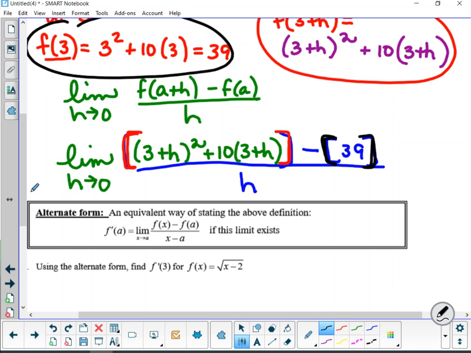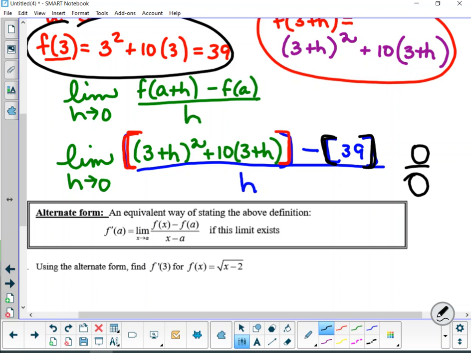What about the top? You get h squared plus 10h. As h approaches 0, what happens to the top? Zero. This is a 0 over 0. That's why we learned about that.